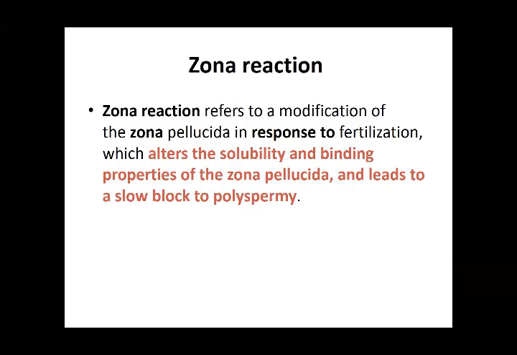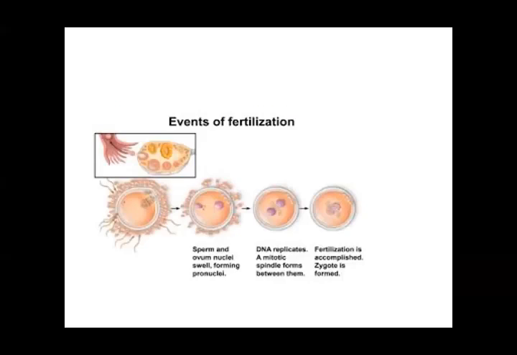Many have reached the level of the oocyte, but only one is going to fertilize, and that blocking is done by the zona reaction, or the cortical enzymes, which make changes in the zona pellucida and prevent polyspermy.